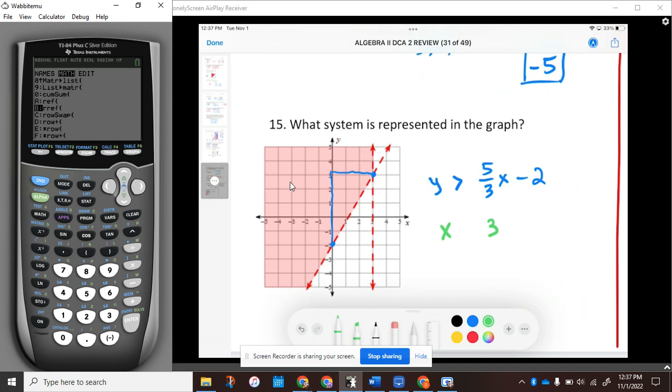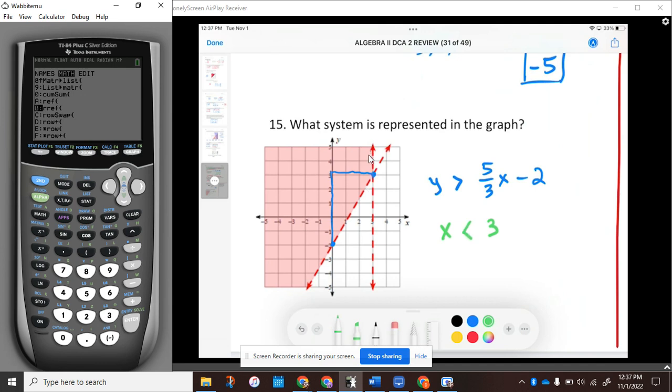This right here, that's the left side of that line. The shaded part on this picture is where it's overlapping. If we were just dealing with this one line, all of this would also be shaded too. It's to the left side of that vertical line. So is that going to be less than or greater than? This one's going to be less than.